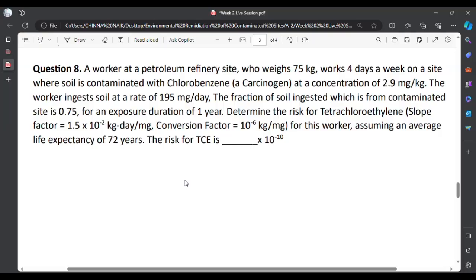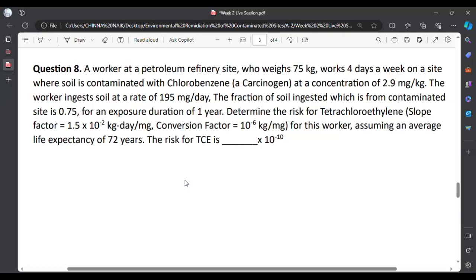So in the first portion, Ce is the chlorobenzene concentration, 2.9 milligram per kg. Rg, the ingestion rate, is also given, 195 milligram per day.